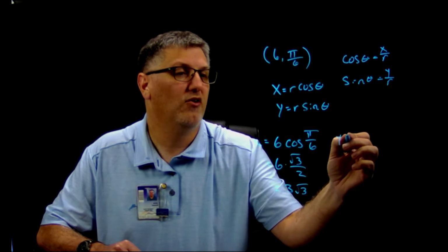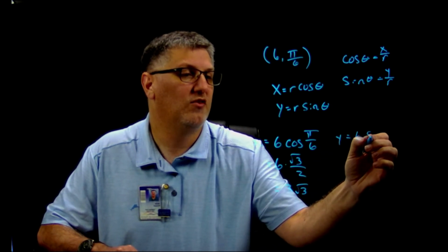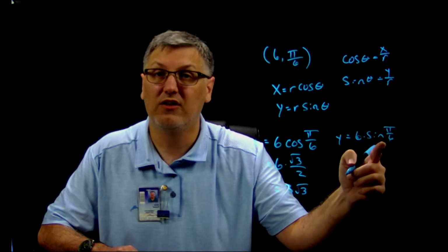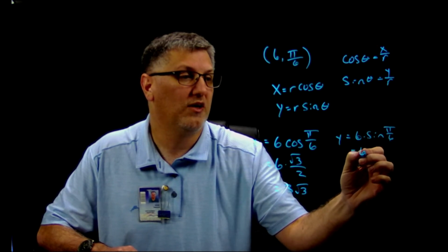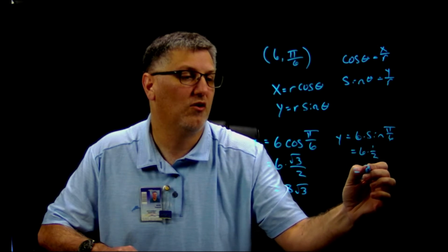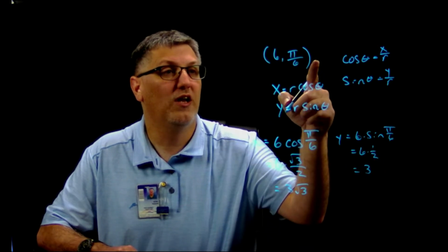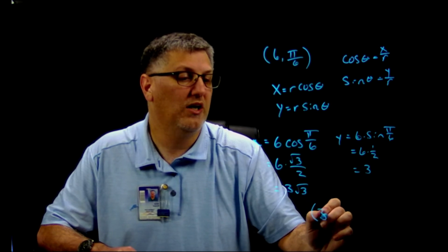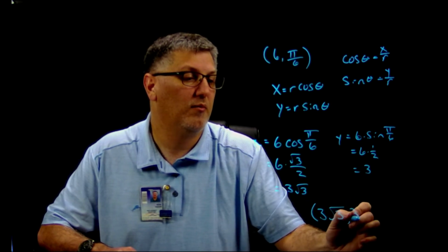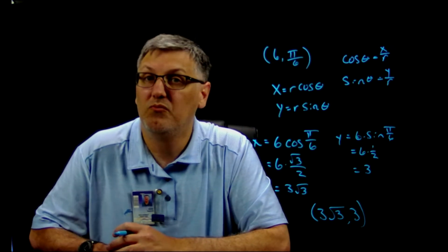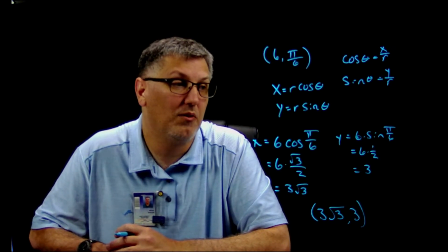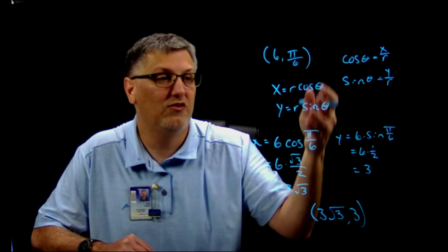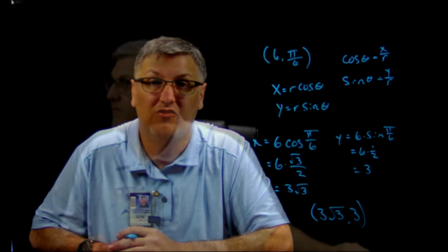For my y value, I'm going to do 6 times sine of pi over 6. Well, this once again is on the unit circle, so I get 6 times 1/2, which is going to be 3. So this coordinate on the xy plane is 3 square root of 3 comma 3. Not terribly bad at all. You just have to know these two formulas, identify what your radius is, what your angle is, and plug it in and chug out an answer.